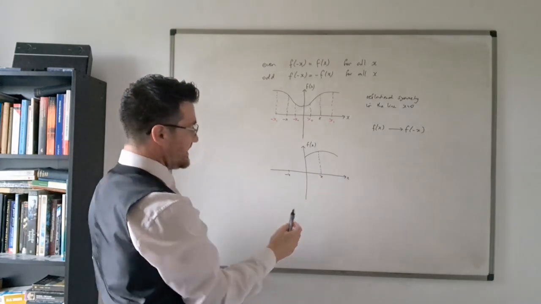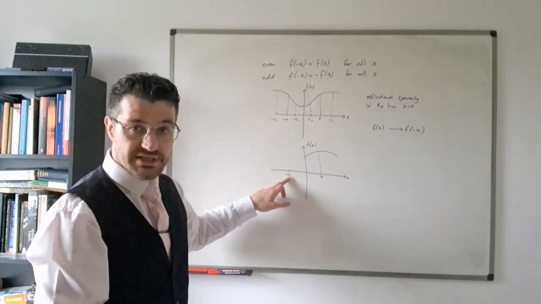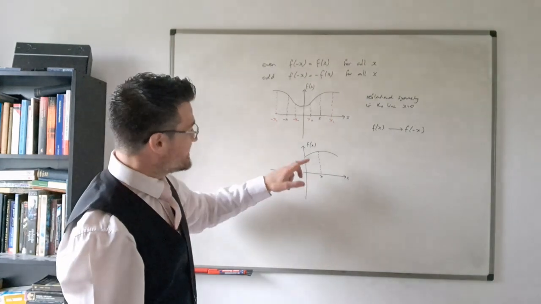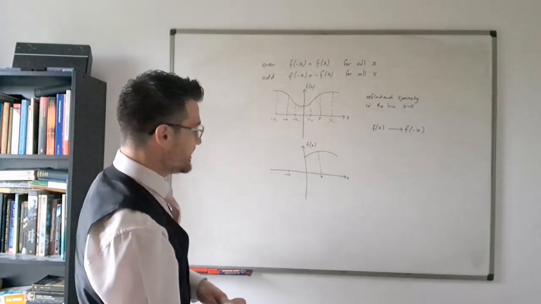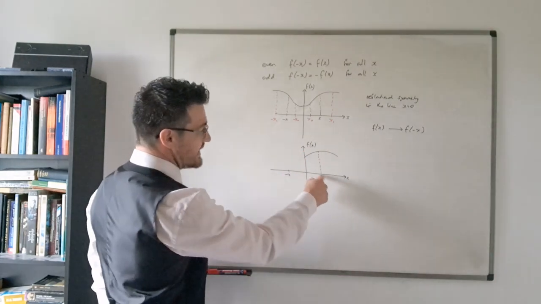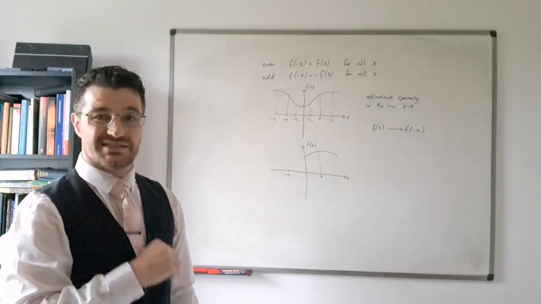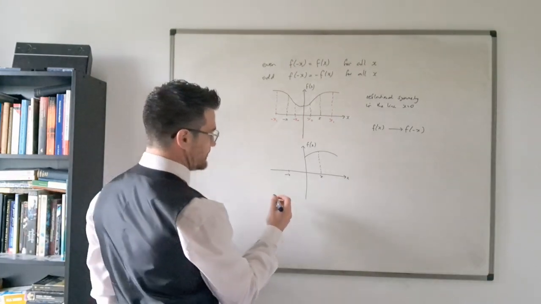What I'm expecting then is that, according to this definition, the value of f at this point here is going to be the negative of the value at this point here. But that's going to be true, again, for any value of x, any positive value of x. Okay, and including 0, right?